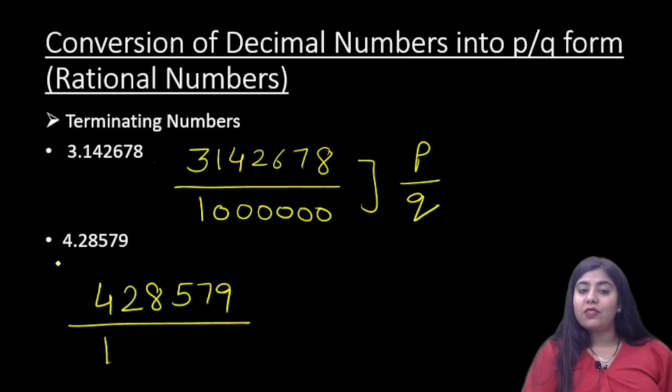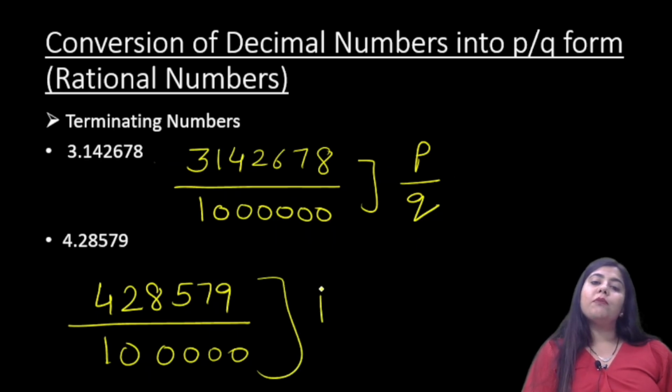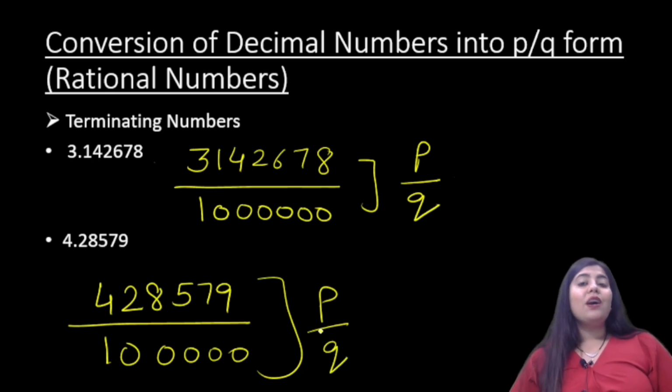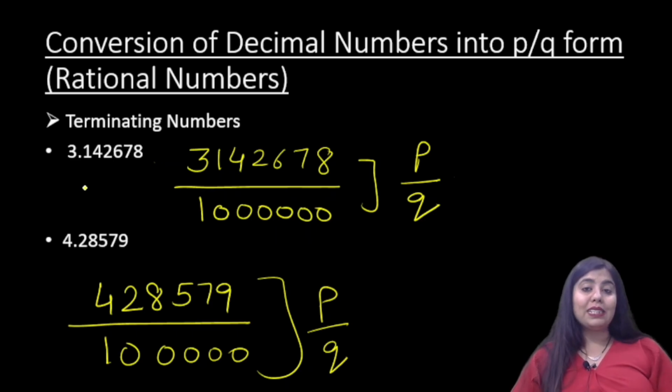Here we have 5 digits, so we have to put 5 zeros, 1 2 3 4 and 5. It is also the p by q form. p by q form means the rational number form where p and q both are integers and q is not equal to 0. Hence we got to know how to convert the terminating numbers into the rational numbers.